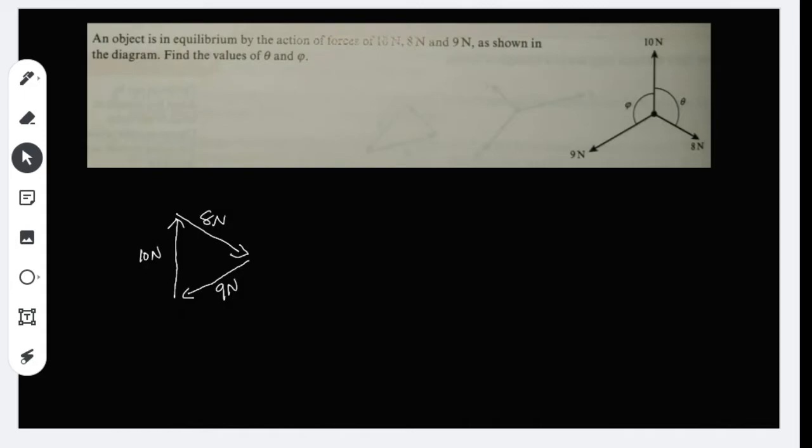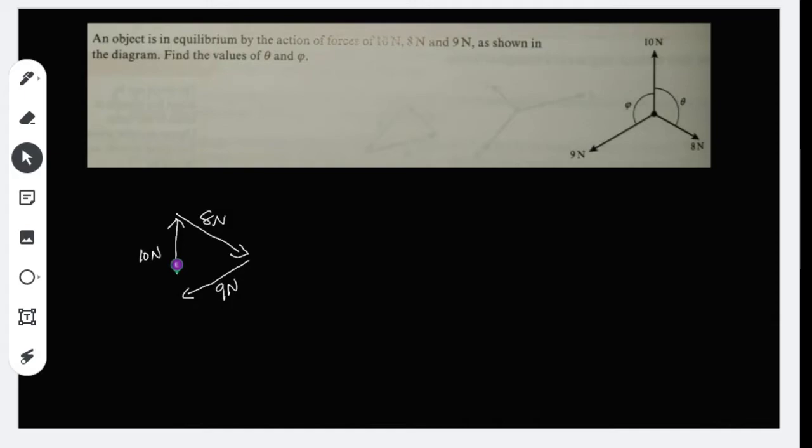In the triangle of forces, we can either use the sine law or the cosine law. It depends on the given problem. So here in the given, let's try to plot the points. Let's try to edit this. Okay, let's try to plot.